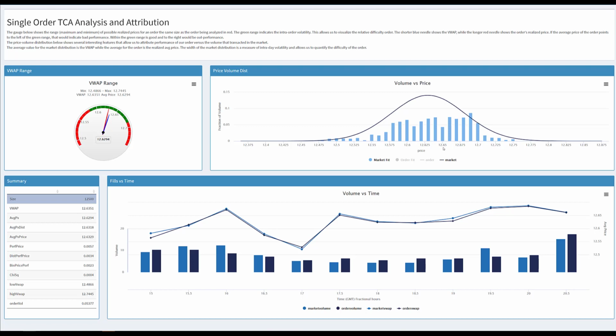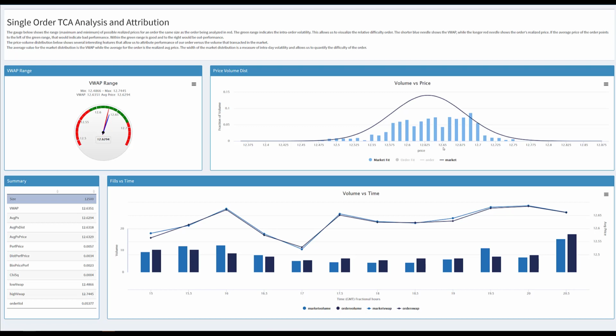So if we imagine for a moment that all of the volume occurred at a single price, the width of a fitted Gaussian, or the standard deviation of that distribution, would be 0. The intra-order volatility would then be 0 as well. There are no price changes, and it would be impossible not to match the volume weighted average price with our order's average price.